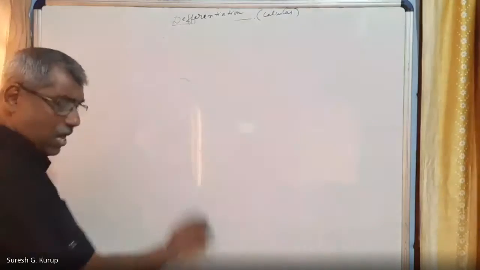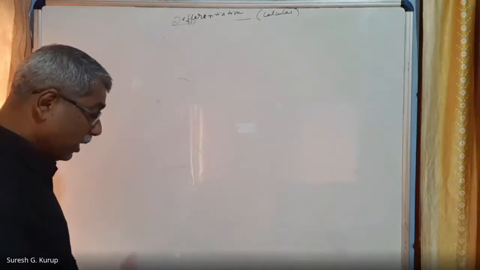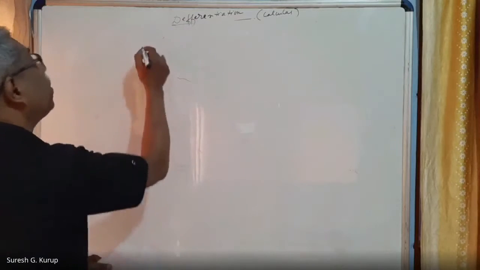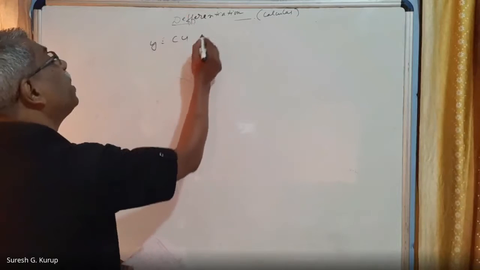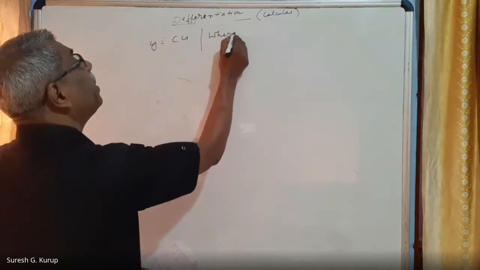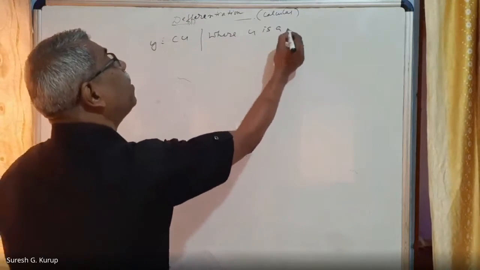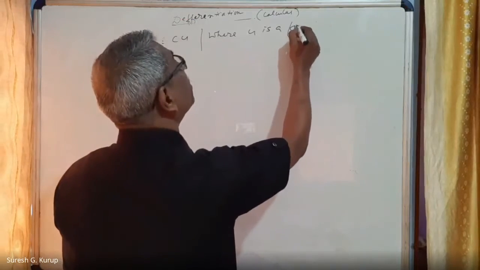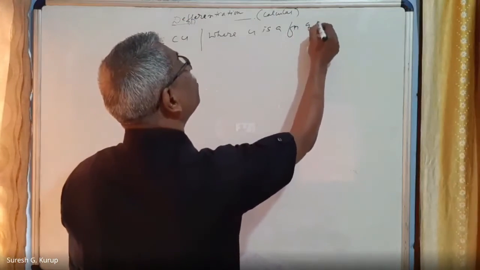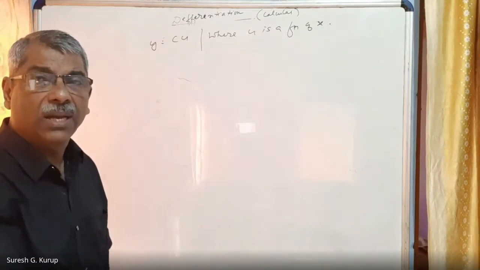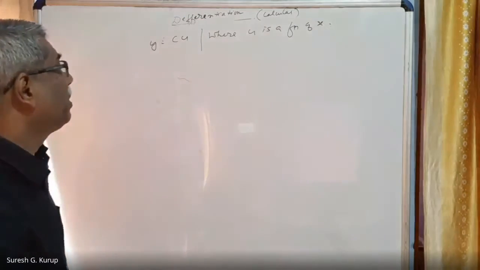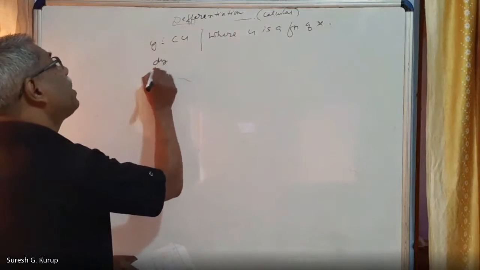First rule is over. And the second rule is like this. Suppose that y is equal to cu, where u is a function of x. X means the independent variable. Then dy by dx, I will write the example also.